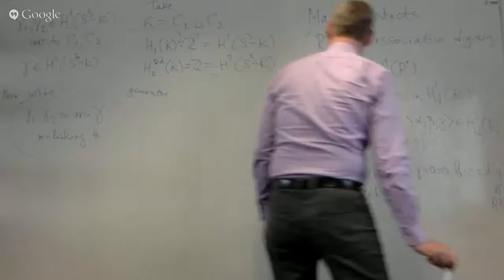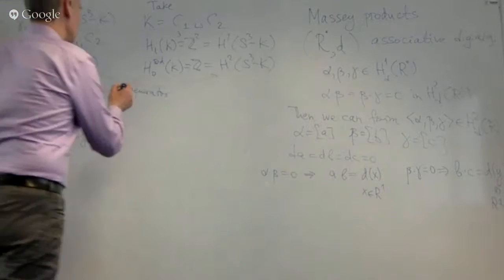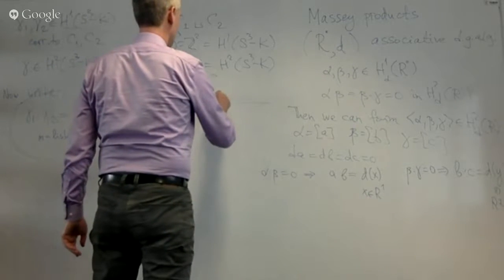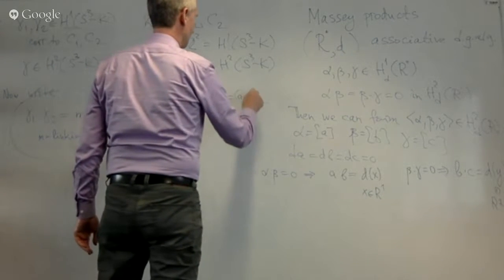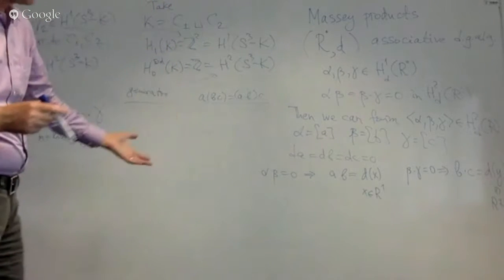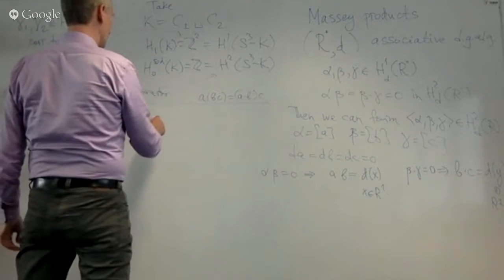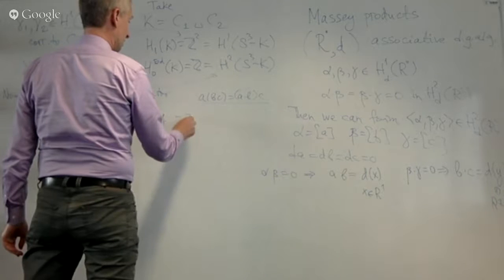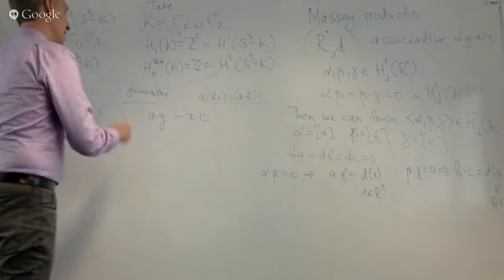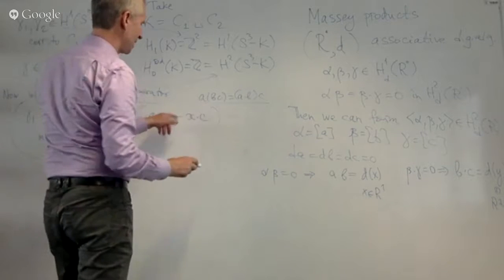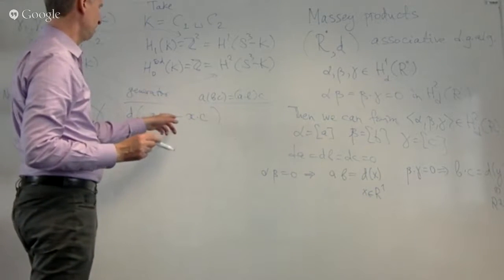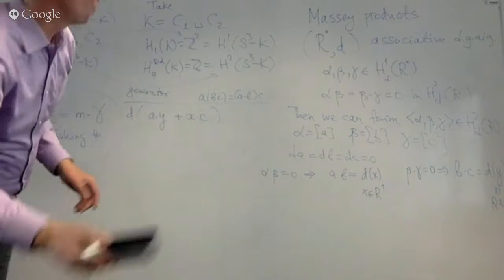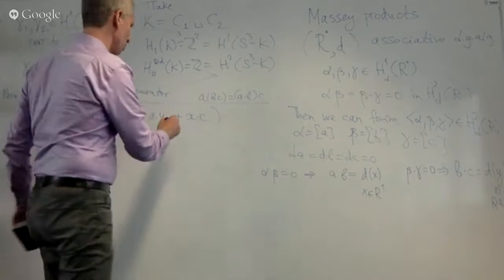And so then you can play with associativity, right? Normally you have A times BC equals AB times C. That's associative. But you do something like this: you write A times Y minus X times C. Actually, there should be a plus, because of the sign rule.